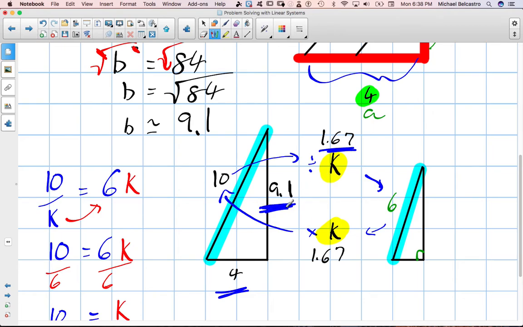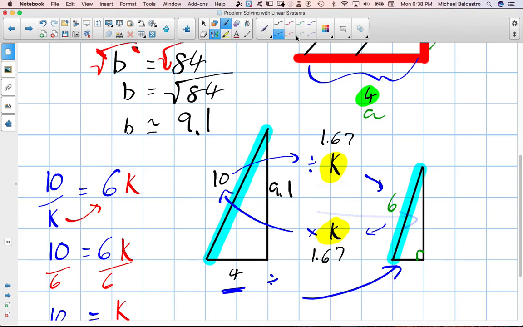So I'm going to take 9.1, and I'm going to divide it by the K value to find out that side. I'm going to take 4 and divide it by the K value to find out this side. So once you have the ratio, you just apply the ratio to the other two, and you'll have it.